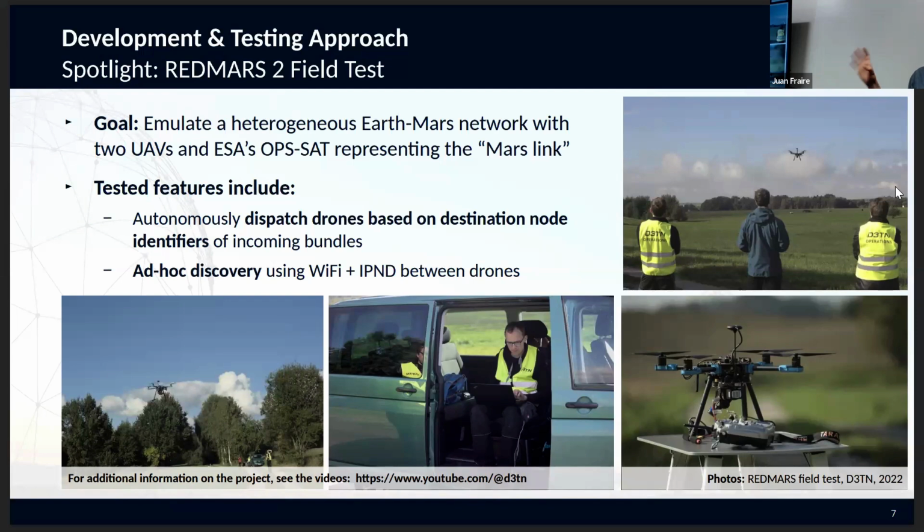So that was one feature we integrated prototypically, where we monitored incoming bundles, and based on the destination that was specified in the bundle, for example, like the second drone that we were operating there, we could specify GPS coordinates for the drone to fly to, and then it came in contact with the second drone and performed ad hoc discovery and sent the bundles further there.